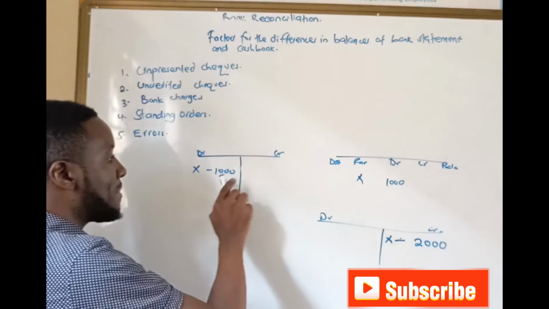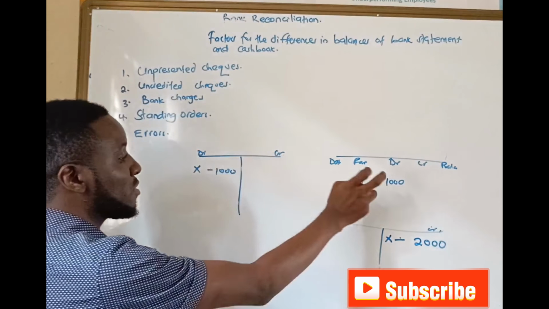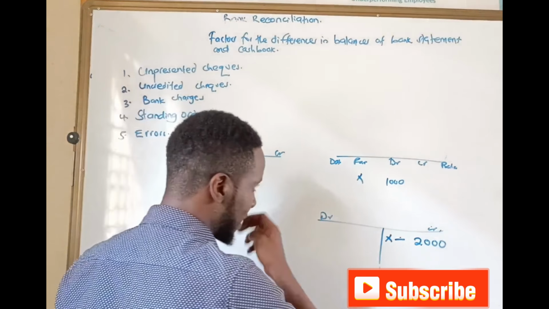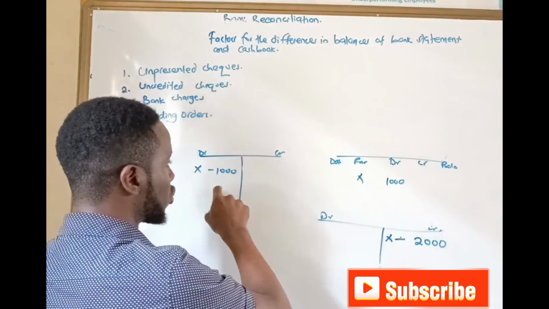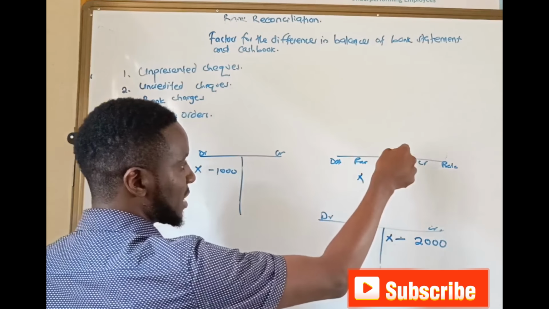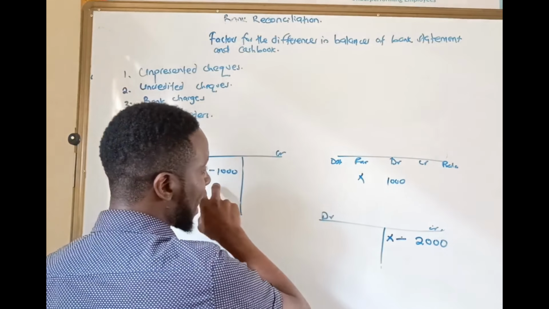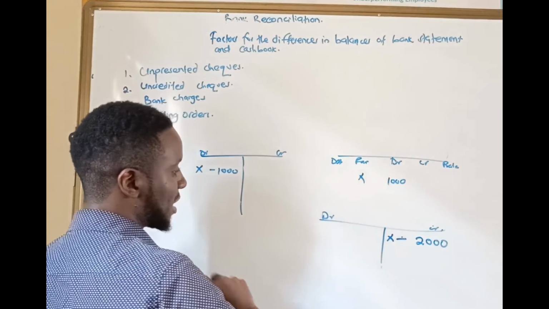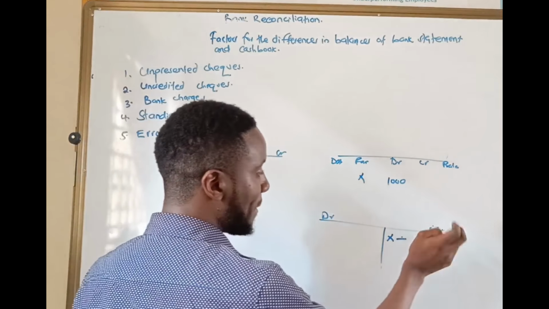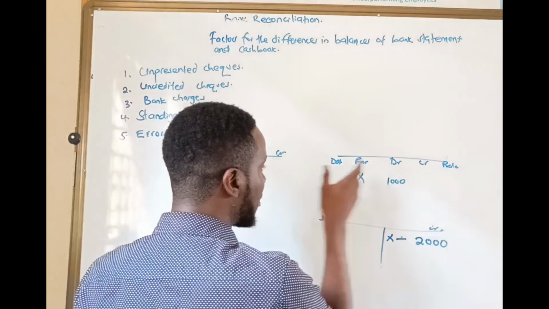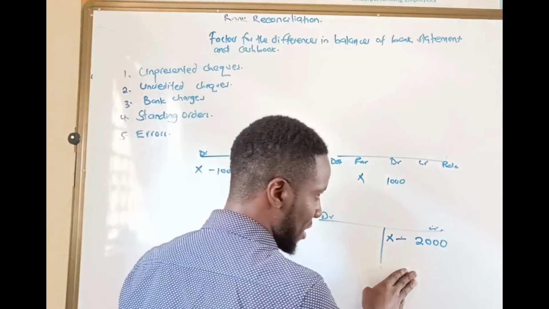We are going to double this amount because it was placed wrongly on the same side. This is a debit and this is a debit. So if the two are on the debit side, then it becomes 2,000. So we come and cancel it out by doubling it and saying it's 2,000.